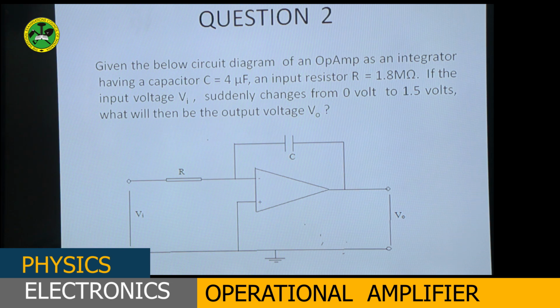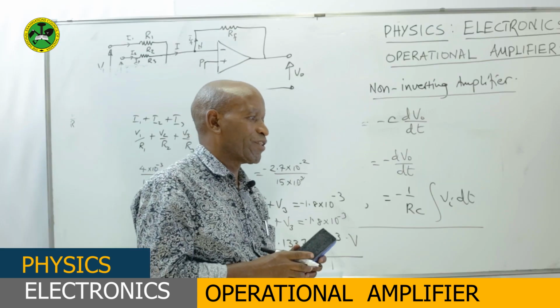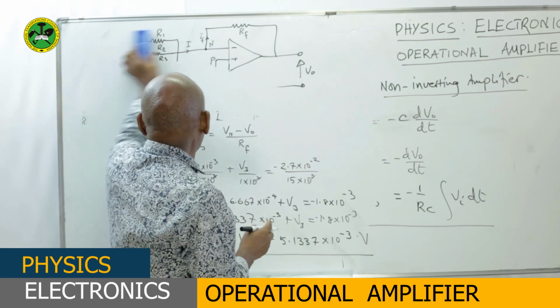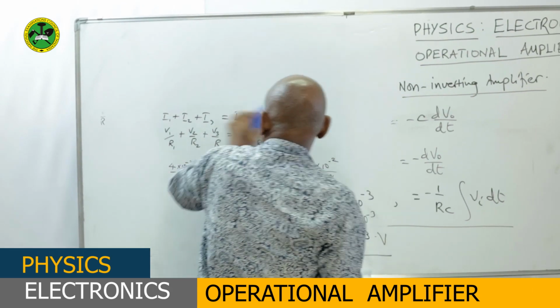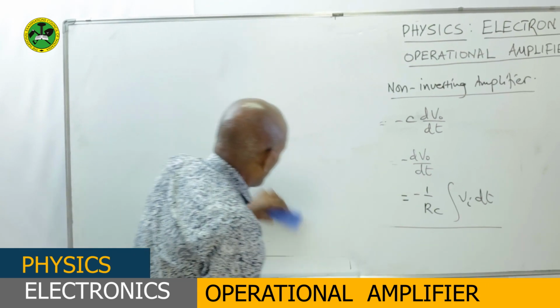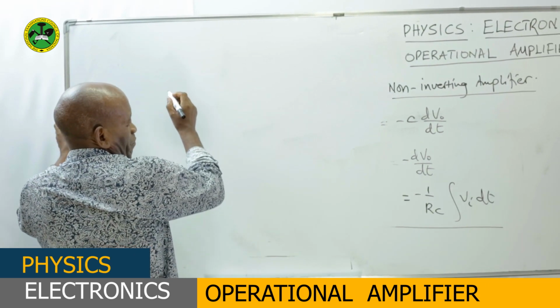Now, if the input voltage VI suddenly changes from 0 volts to 1.5 volts, what will then be the output voltage V0? So we have a circuit just like this, and we can use this to solve from the values which are given there, okay?